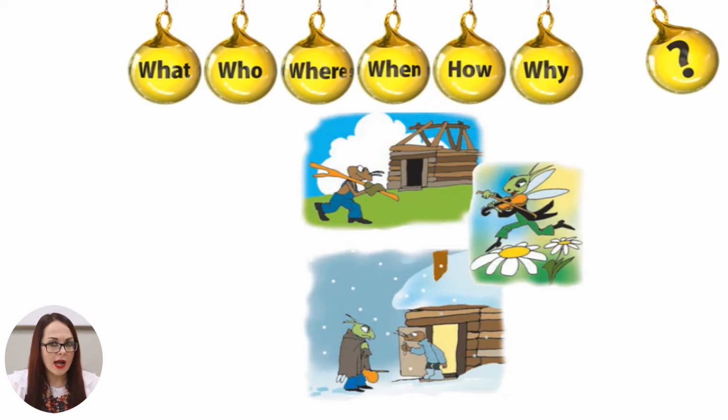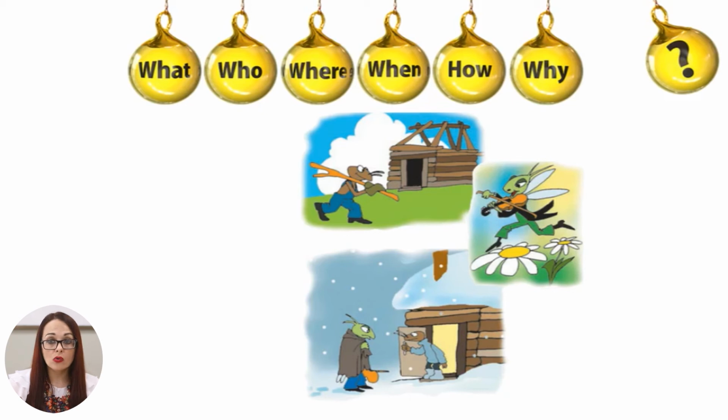When should the grasshopper have prepared for winter? Când trebuia să se pregătească greierașul pentru iarnă? In summer, right? How was the grasshopper in winter? Was the grasshopper happy? No, unfortunately, the grasshopper wasn't.